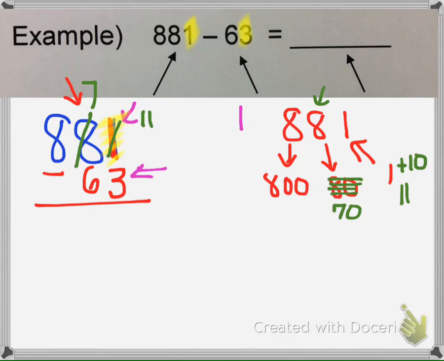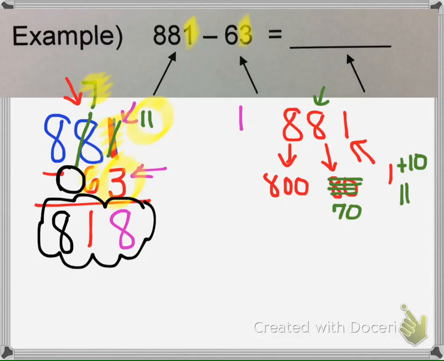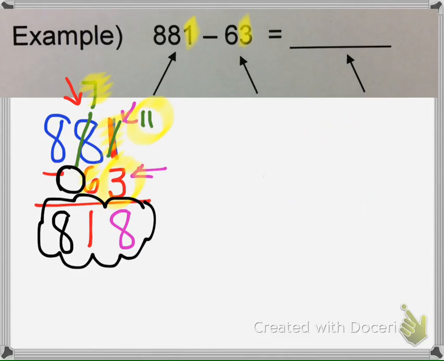So now we're just going to subtract. We have 11 minus 3, which is 8. Then we have 7 minus 6, which is 1. And then we have 8 minus nothing, which is 8. So we got 818. Now we have some vocabulary to talk about.